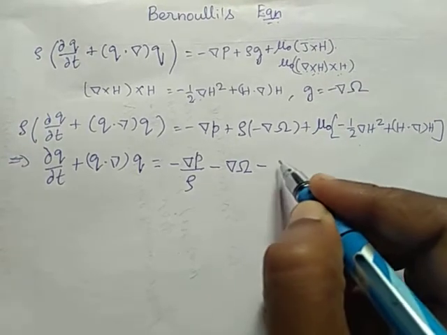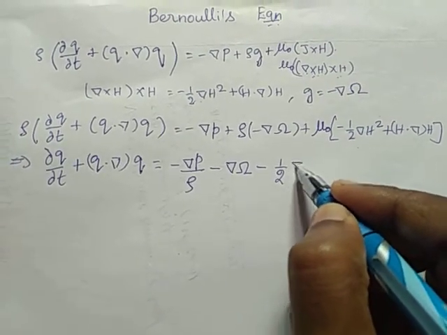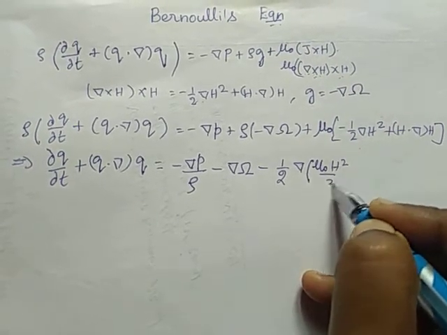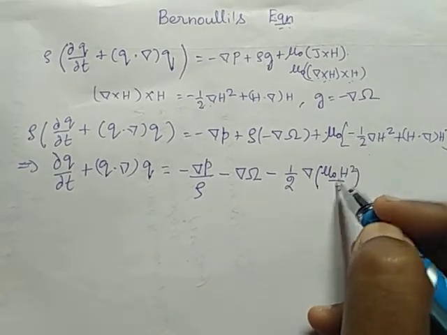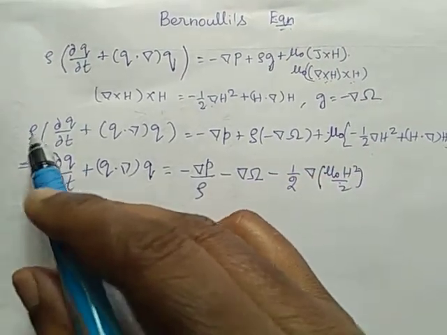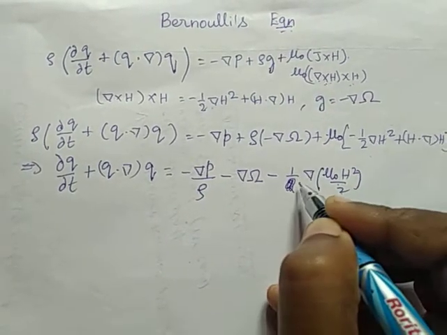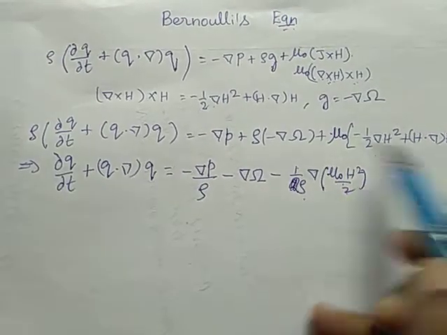Here minus half of del mu naught H square by 2. Del mu naught is constant, H square by 2. And we have to divide the equation by rho. So 1 by rho. We are dividing this equation by rho.